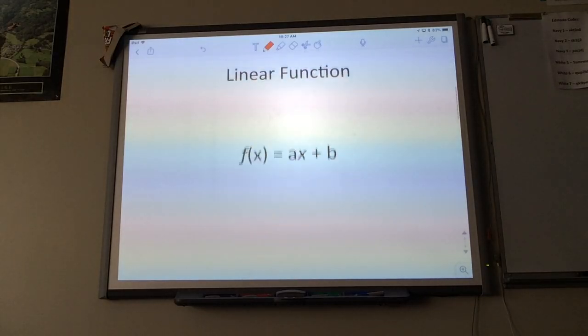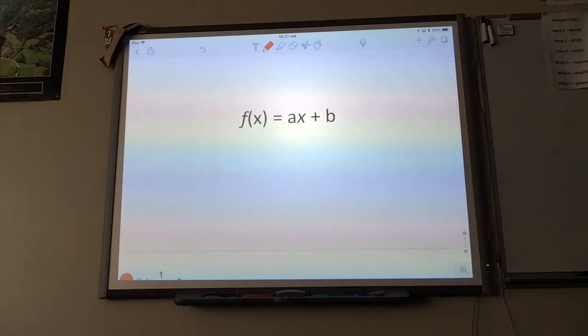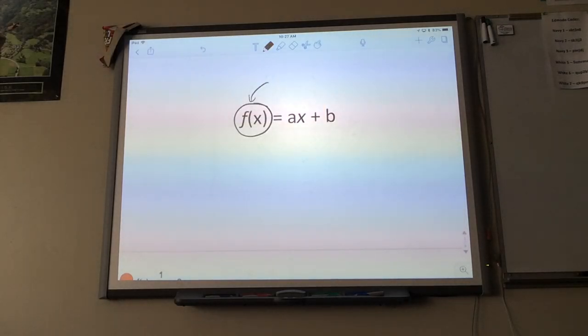Okay, next, linear functions. Y equals mx plus b. You might see it not written as y equals mx plus b, but we know that. Remember that this is the exact same as y. So y equals mx plus b is the same as y equals ax plus b. A couple things to remember about this. The m, or the a, is our slope, and we would like our slope in a fraction if possible.